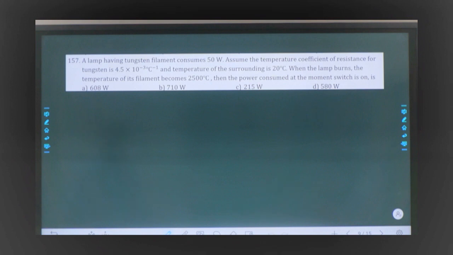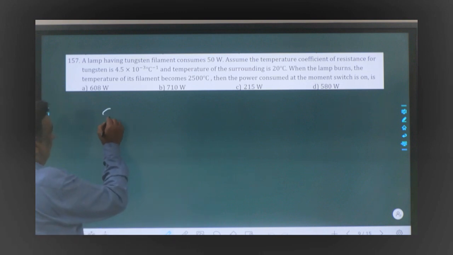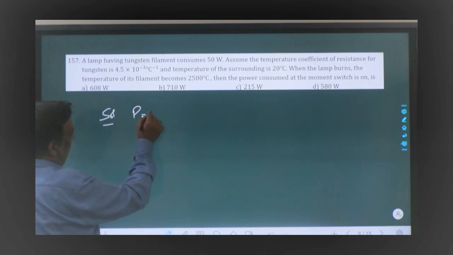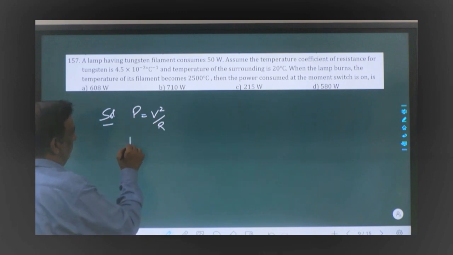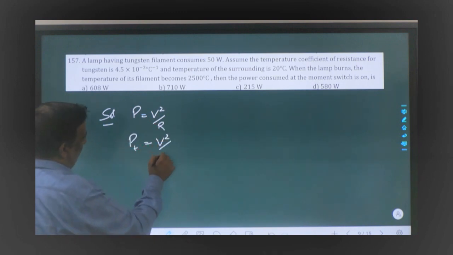157. A lamp having tungsten filament consumes 50 watt. Assume temperature coefficient of resistance is given, temperature of surroundings is 20. When lamp burns, the temperature of filament becomes 2500. Power consumed at the moment switch is on will be? So power is V square by R. और R में हमारे को relation पता है. So you can simply write that power at T degrees.